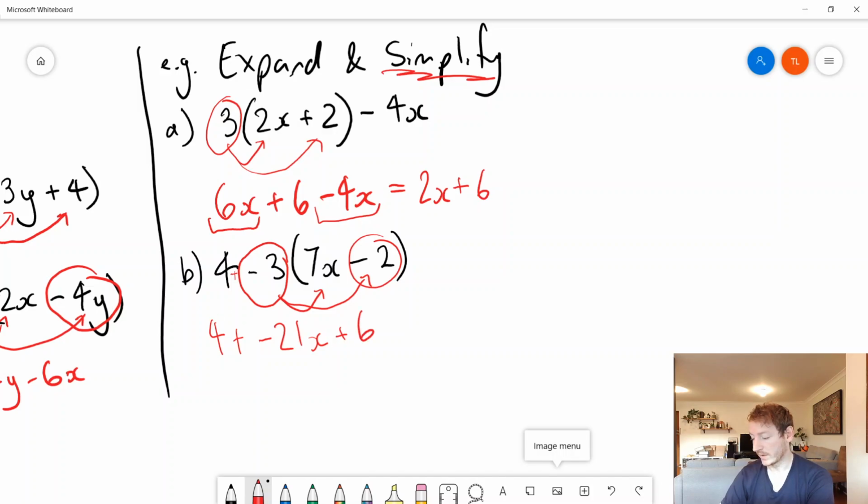So 4 plus 6 gets us 10, and then plus a negative is still minus, so negative 21x. Done. You can see that one's a bit trickier, but if you follow that routine of keeping the minus signs with the terms and putting a plus sign in if you need to, the actual question doesn't turn out to be hard. It's the setup that is more difficult.